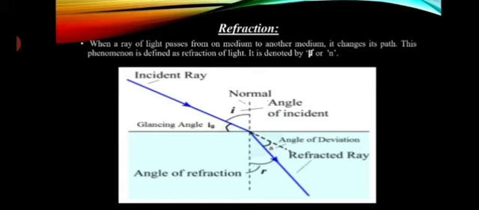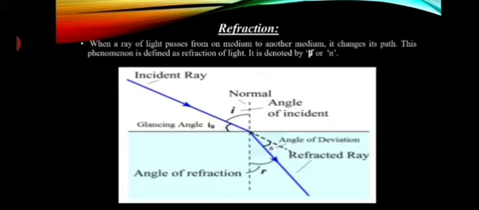In the figure, the normal is nothing but a perpendicular line drawn between the two media, and the ray which is coming from one medium is called the incident ray, which makes an angle of incidence with the normal, whereas the ray after undergoing refraction in the other medium is called the refracted ray, which forms an angle of refraction with the normal.